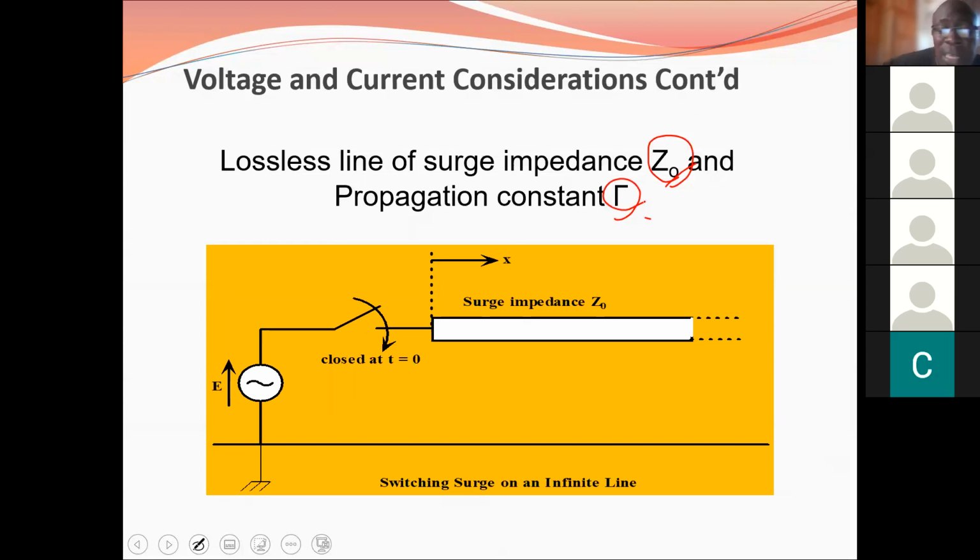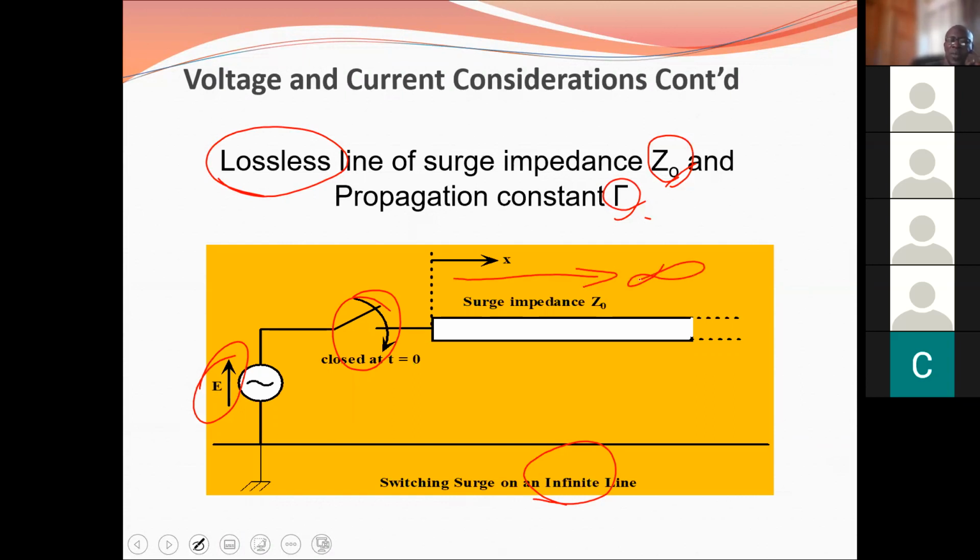So if I have an infinite line, of course we know that there is no such thing. But if I have an infinite line, what we're saying is that when I energize the line, because it is lossless, it means that I will have a voltage E going along the line from 0 to infinity because it's infinitely long.